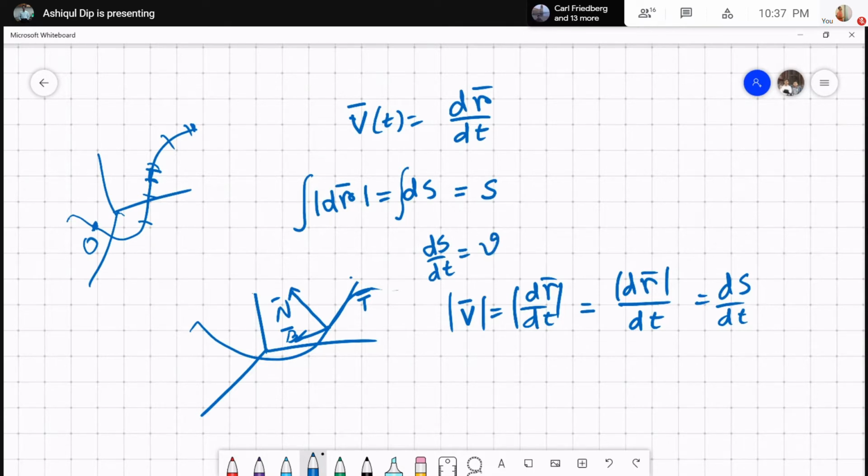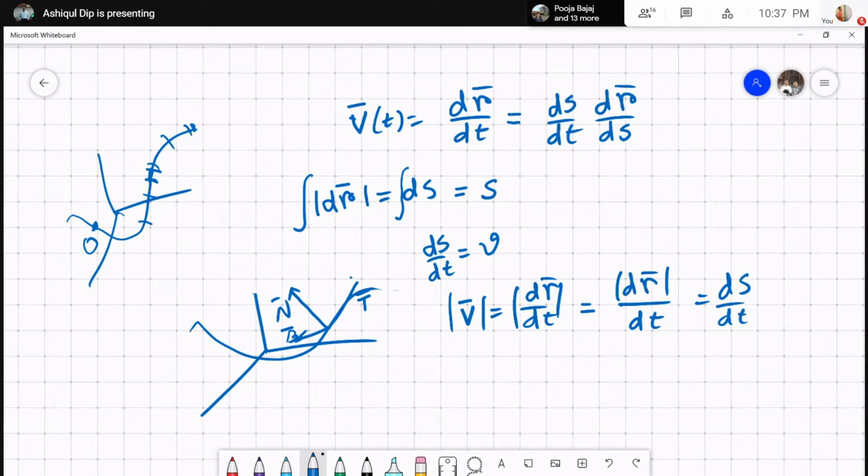The norm of the velocity vector, we call it v, the speed, right? So what we can do is, dr over dt, by chain rule, we can write it as ds over dt and then dr over ds, right?